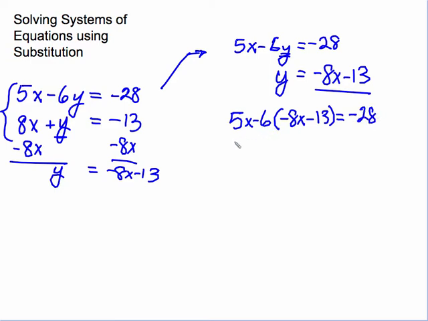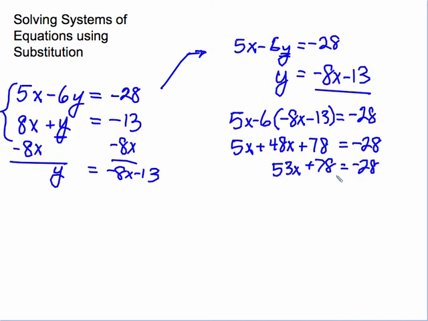We'll now use the distributive property. 5x, negative 6 times negative 8x is plus 48x. Negative 6 times negative 13, that would be plus 78, equals negative 28. 5x plus 48x is 53x, and plus 78 equals negative 28.